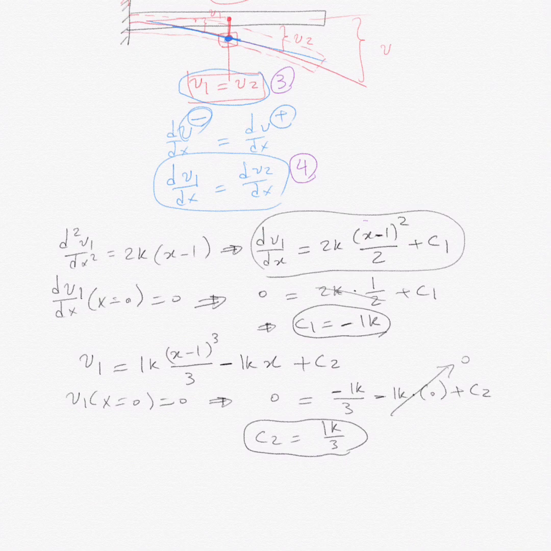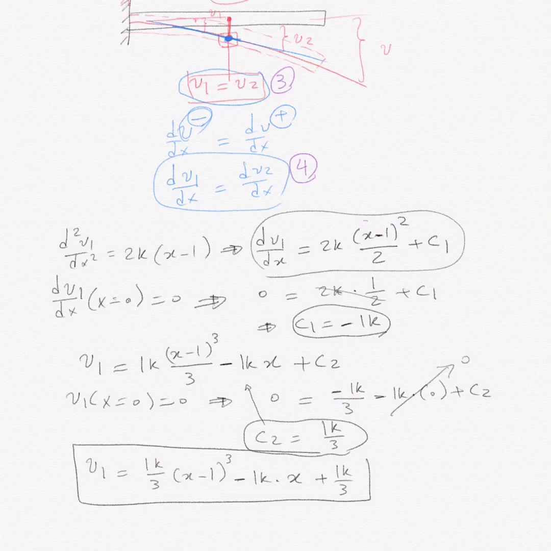So v1, put this c2 right here in this equation. Your v1 is equal to 1k over 3 times x minus 1 to the third power minus 1k times x plus c2, which is plus 1k over 3. You don't really need to simplify it.